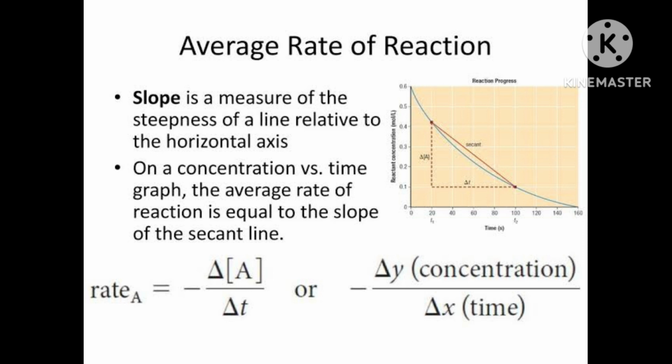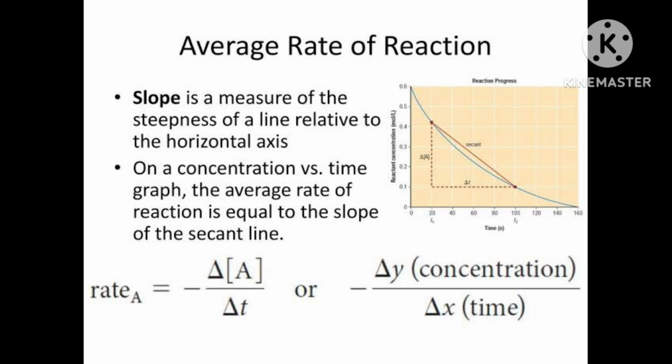But that is the correct way, final minus initial, and the value will be negative because time is increasing while concentration is decreasing. Again the time is 50 seconds, and you can easily calculate the change in concentration. Then put the values in delta x over delta t and you will get the result.